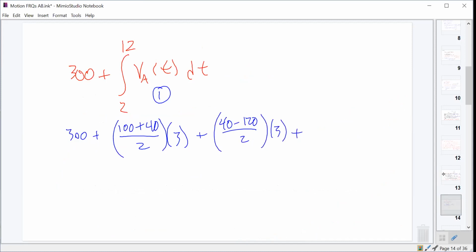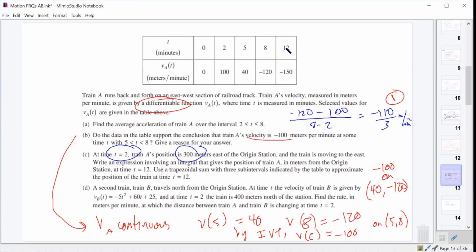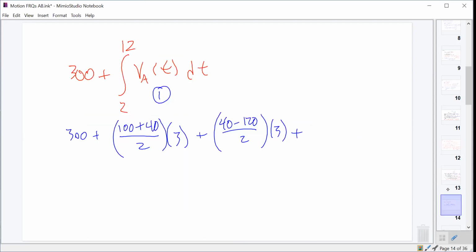And the last one, which is the one that made it so that we couldn't use just the formula for the trapezoidal rule, has a length of 4. So that should be negative 120 minus 150 over 2 times 4. And you got 1 point for correctly setting up the trapezoidal sum, and then 1 point for properly evaluating it. I'm not going to go through all of the arithmetic there.